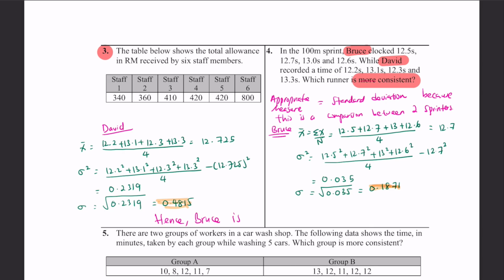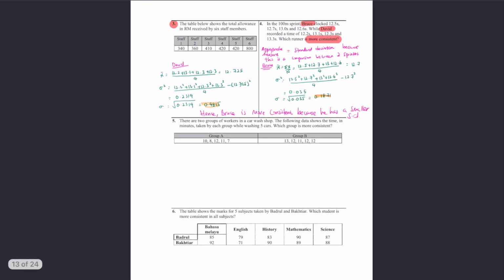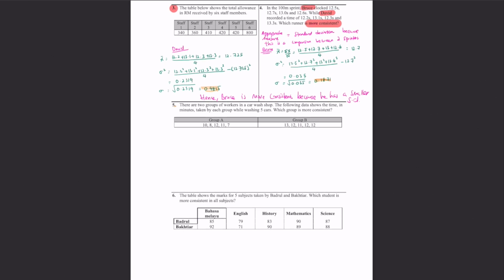Bruce is more consistent because he has a smaller standard deviation. Okay, that's all, easy, right? So when you try yourself, number 5, number 6.